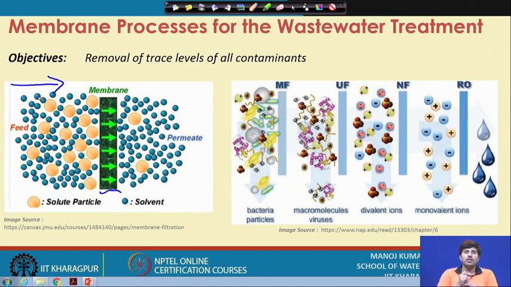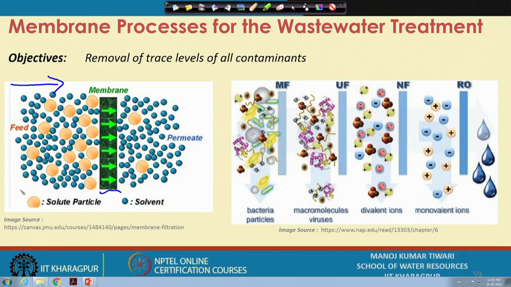So, in order to keep the cost of treatment lower, we remove all other things in other steps, and then we go for the high end treatment systems like the membrane processes for the removal of the remaining trace level of contaminants. It could be microbial contaminants, dissolved salts, or even monovalent ions.